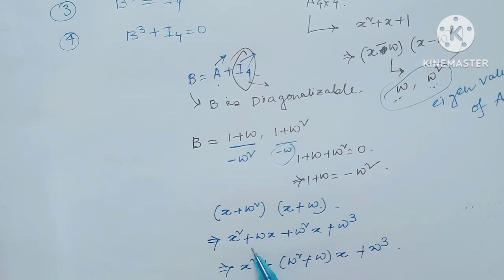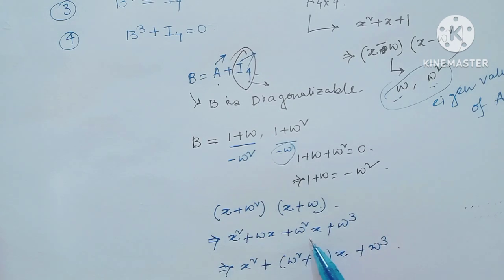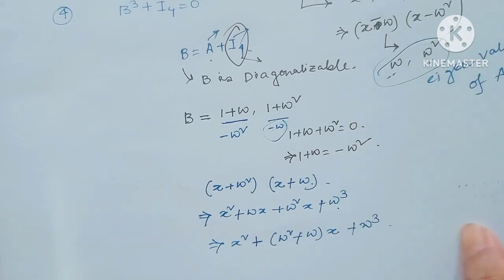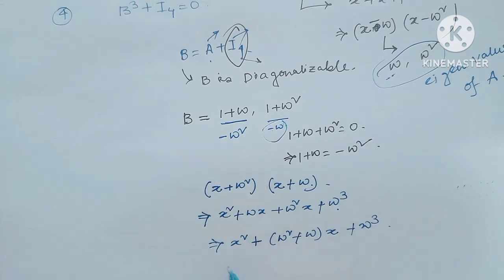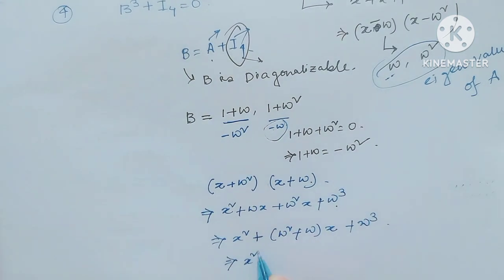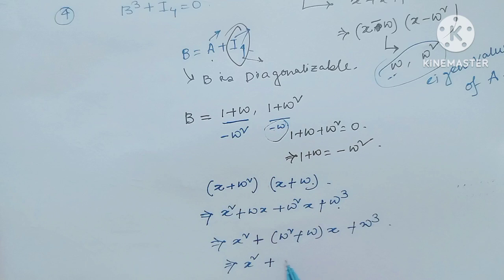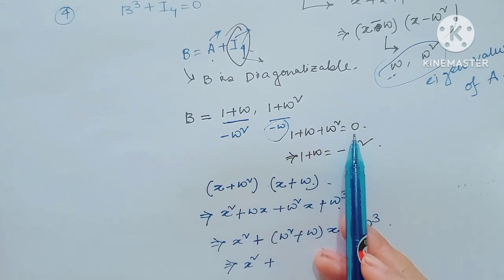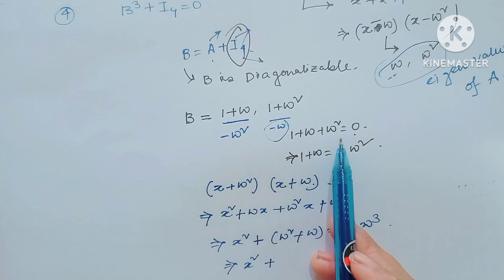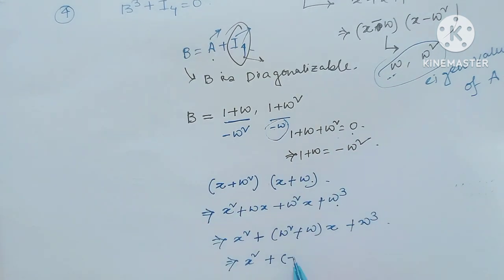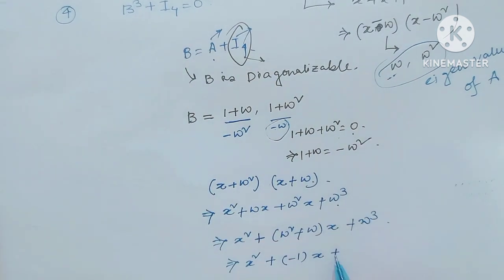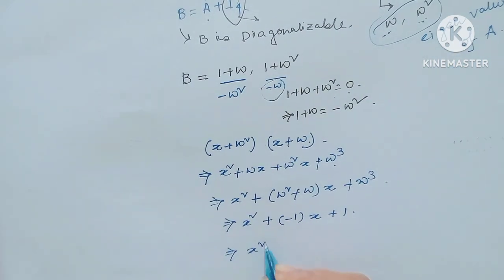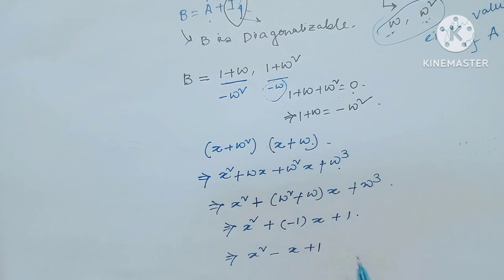That implies x square plus omega square x plus omega x plus omega cube, which is x square plus (omega plus omega square) x plus omega cube. Since omega plus omega square equals minus 1 and omega cube equals 1, that implies x square minus x plus 1.